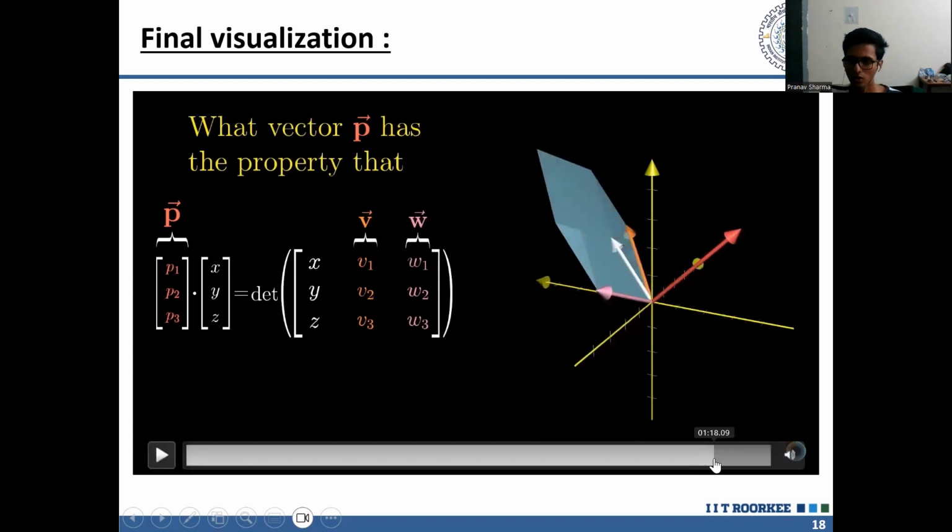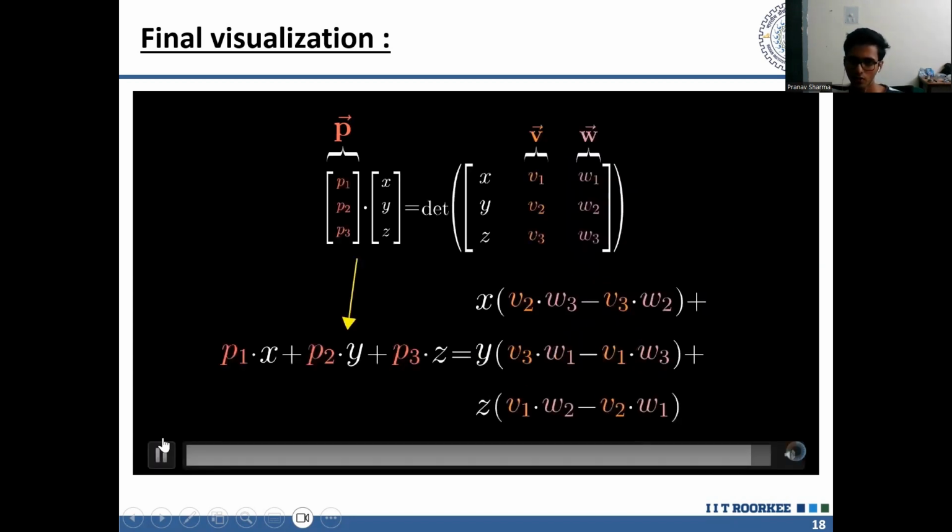The computation of the determinant that we saw before indirectly gives us the components of this vector, those are p1, p2, and p3, and how it relates with the concept of duality, where we consider a dual vector to x, y, z, which is transforming it to the number line.